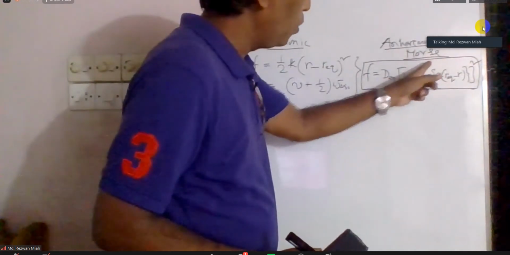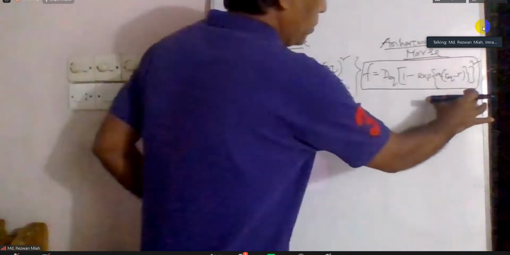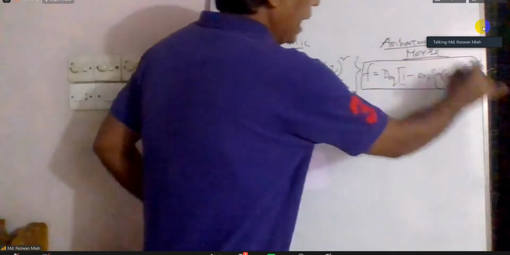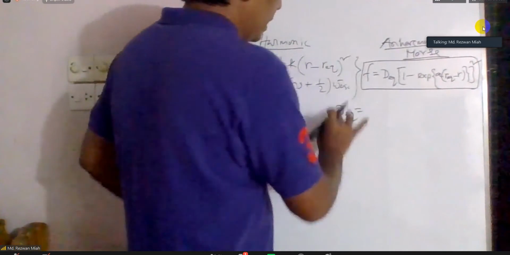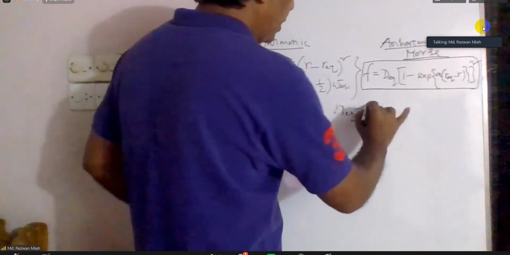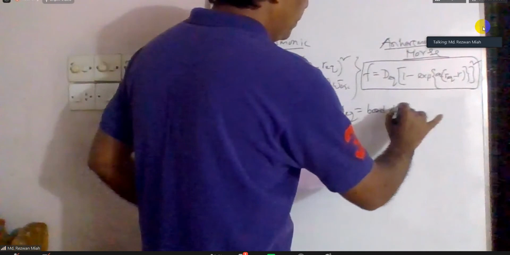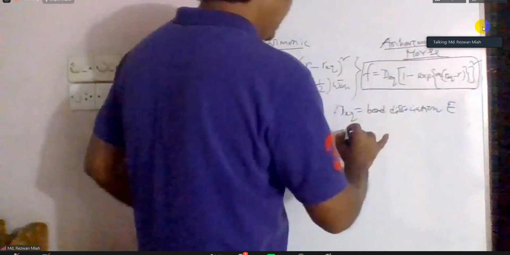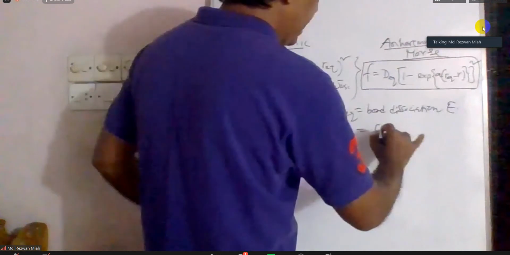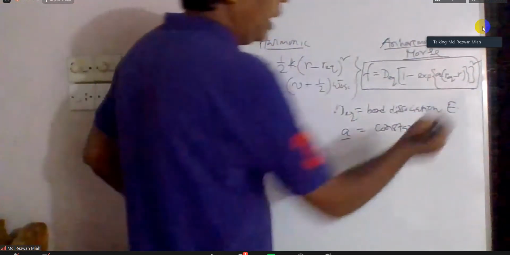So scientists empirically derived an equation, where D_e is the bond dissociation energy and a is another constant that depends on the molecule.